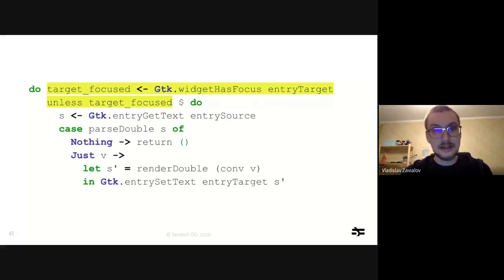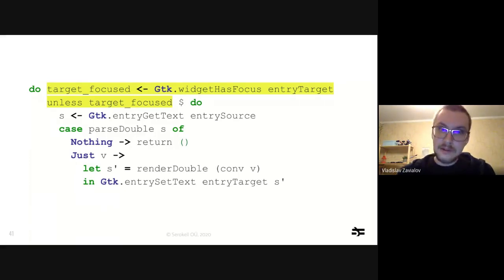Fortunately, we just need to add one check, which is to see whether the target entry is focused. So if the user has focused on the entry target, it means they have the cursor in this entry. They are typing in something. So the principle is simple. Don't mess with the user. Don't mess with the string they are typing in.